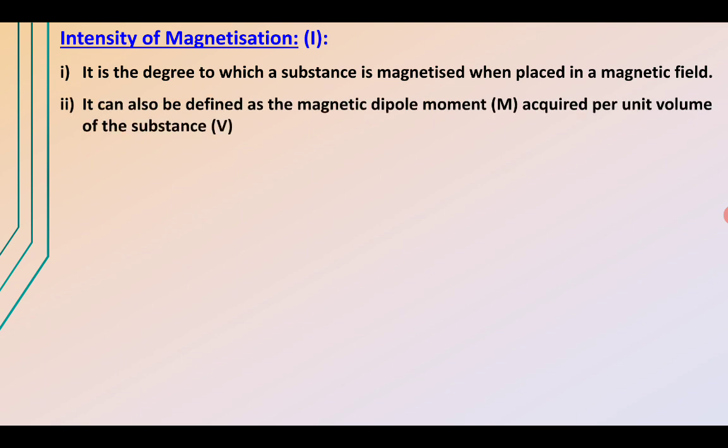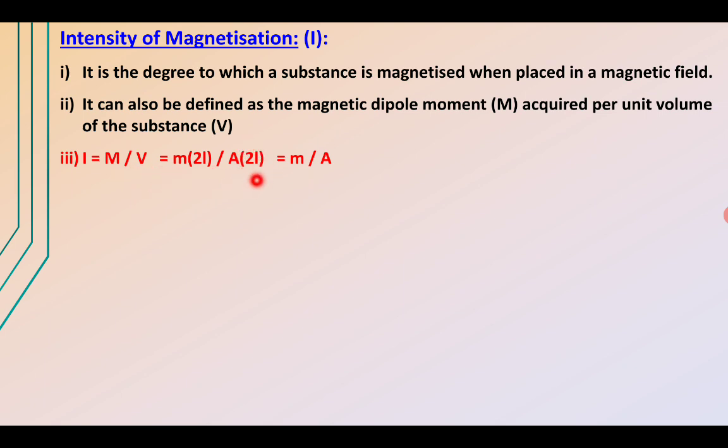So here it is magnetic dipole moment per unit volume, and the formula is I is equal to m upon V. Here m represents the magnetic dipole moment, that is pole strength m into 2L, and volume is equal to area into length.